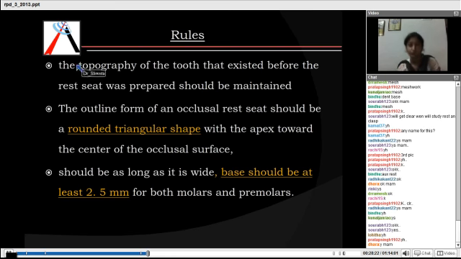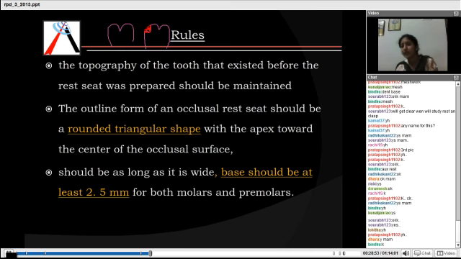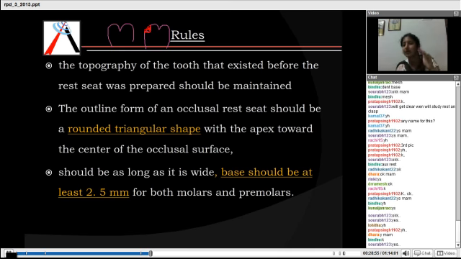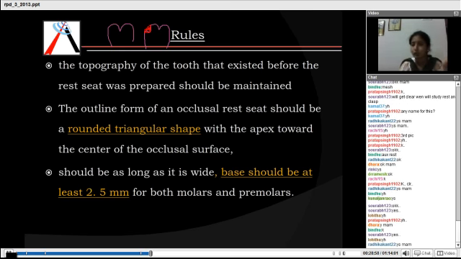If you have this tooth and then you make a rest surface area like this, your rest should exactly go and simulate your topography. Clear?